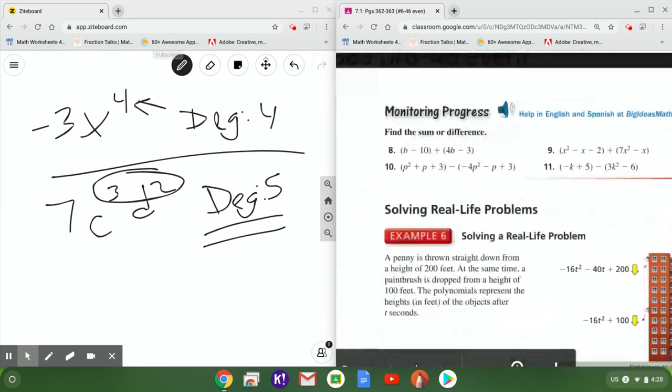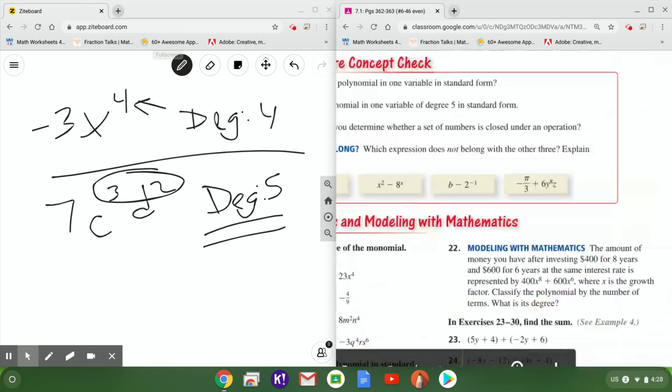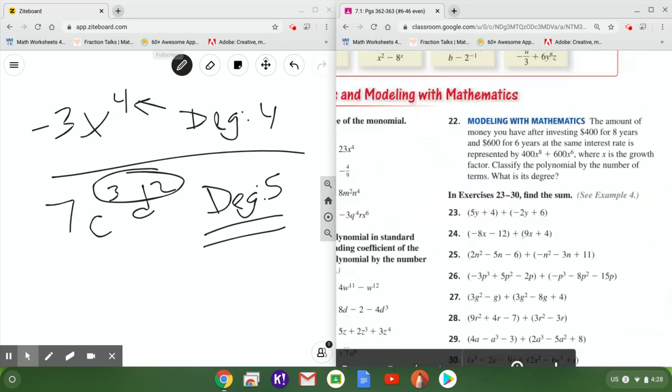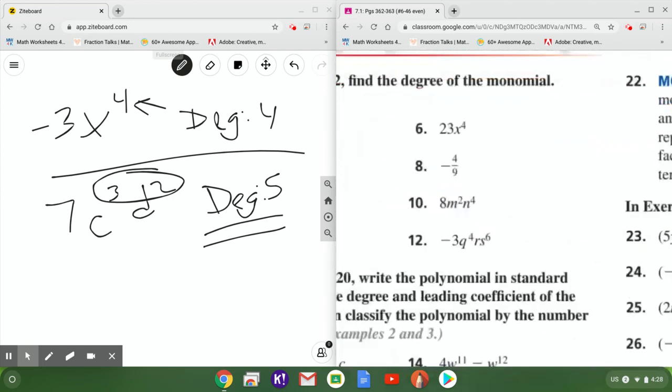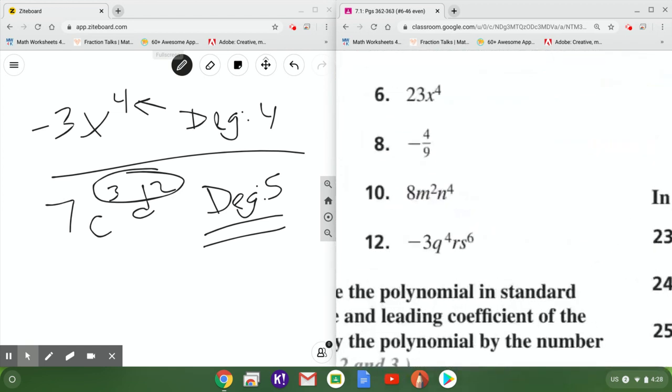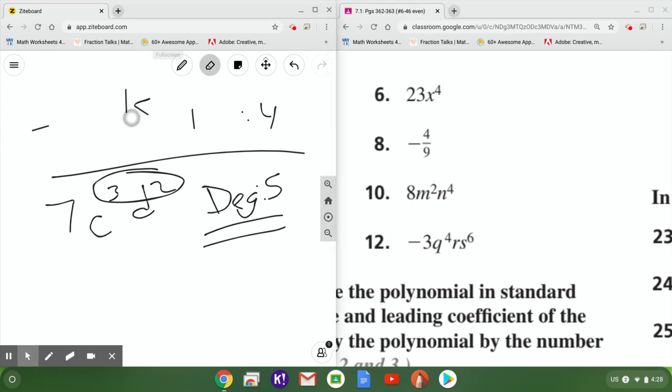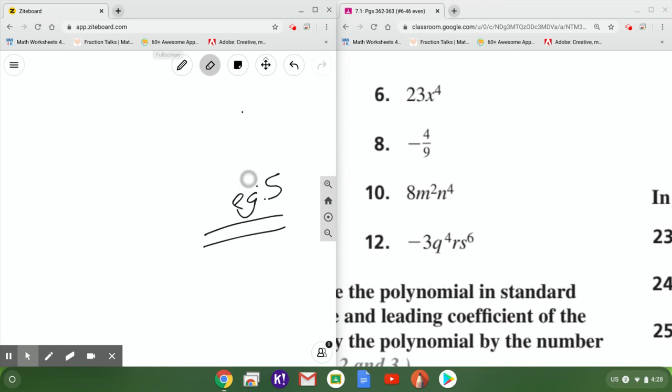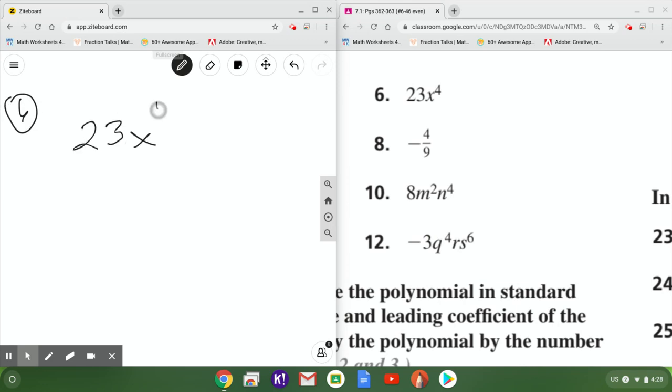So back to what you had to do on number 6. Okay, so I'm going to go ahead and give you some of these answers. So number 6, oh geez, this won't erase. I'm trying to erase this. Okay, so number 6, 23x to the 4th.